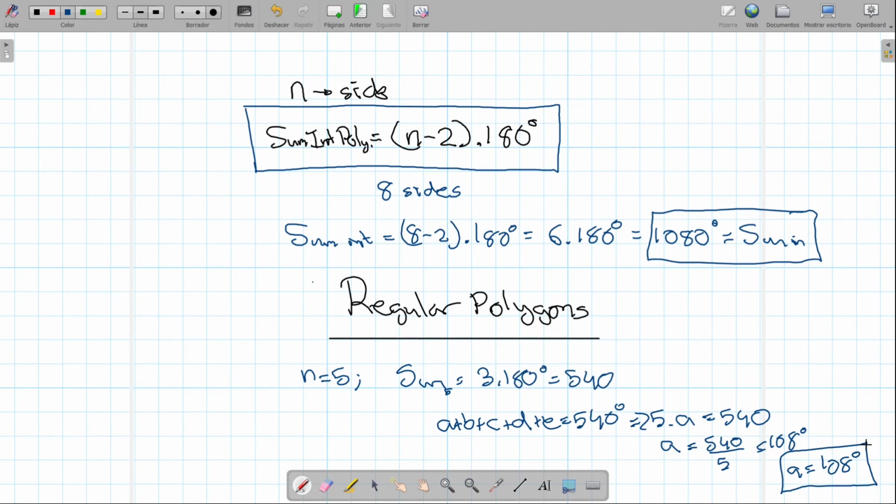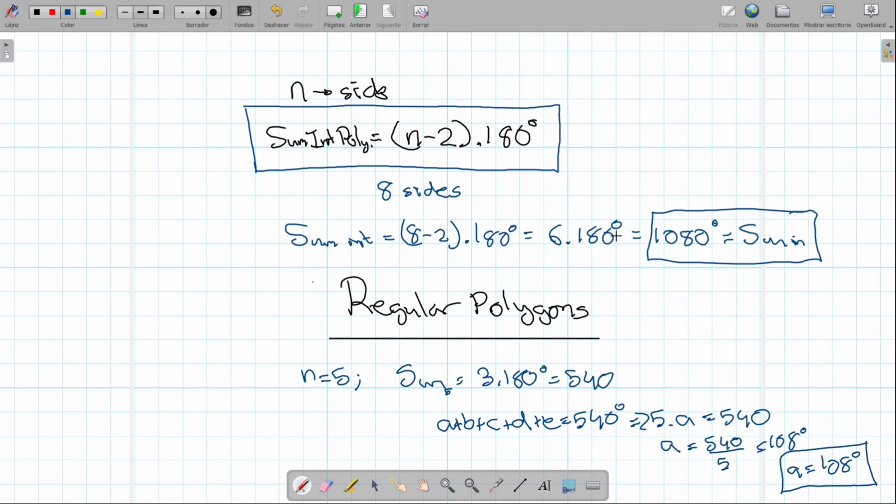And you can get various forms of this in exercises where they give you each interior angle and they ask for the sum, where they give you the sum and they ask you for each interior angle, where they give you the sum and they ask you how many sides it has, etc. Okay, so how many sides does it have?